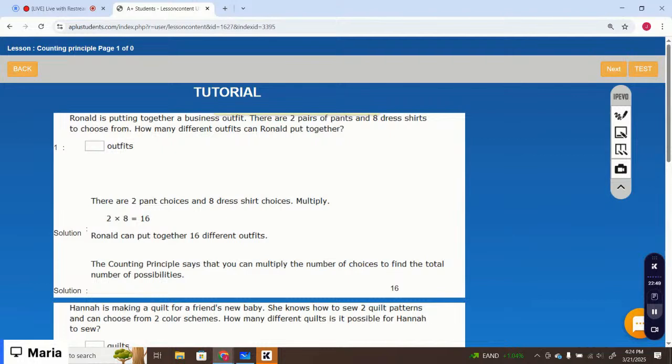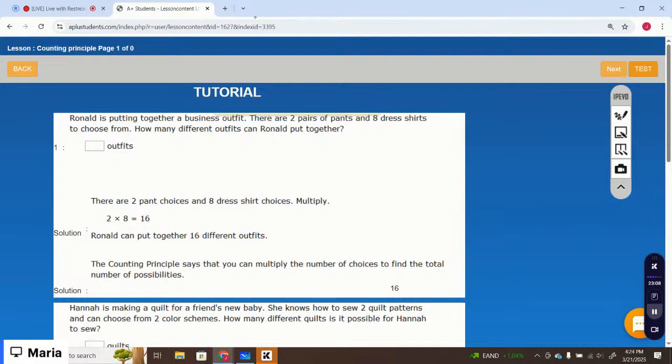You have to multiply here because you need to find how many different outfits he can make. You need to do two times eight, right? The counting principle says that you can multiply the number of choices to find the total number of possibilities. So two times eight is 16.